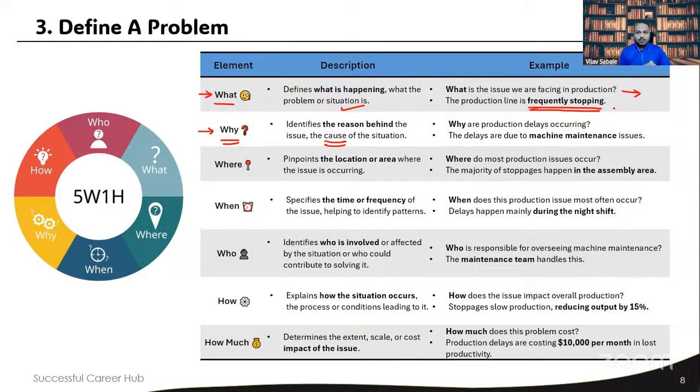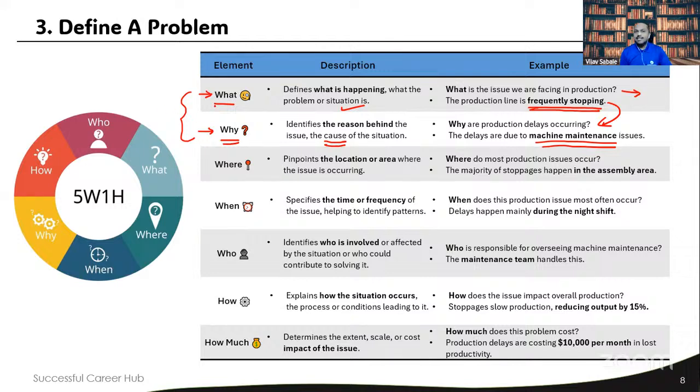If you ask this question to the line frequently stopping, we will get an answer: the delays are due to machine maintenance issues. So just answering these two questions, we are getting some clarity about our problem. Our production line is frequently stopping because of machine maintenance issues.